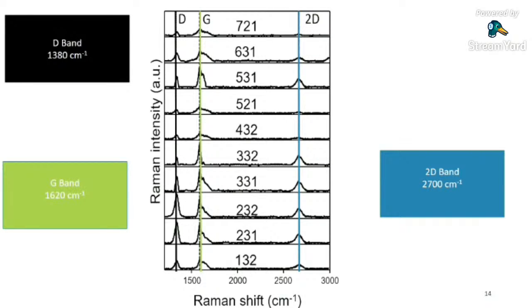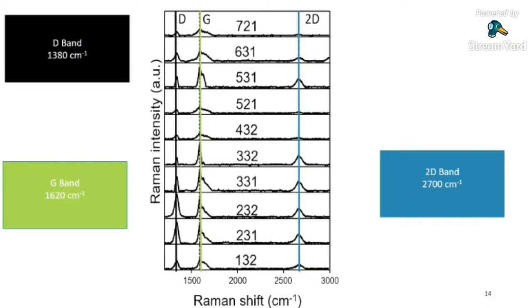For example, the D band is caused by a disorder in the structure of graphene. The presence of this disturbance of carbon shows in the band with high intensity. So we hope that there is a really good peak in this case.